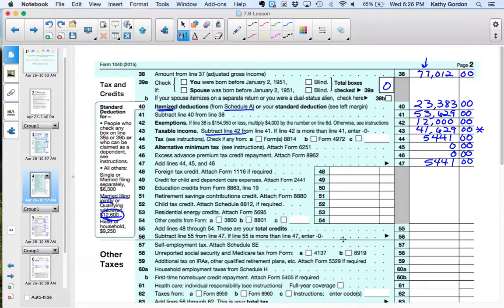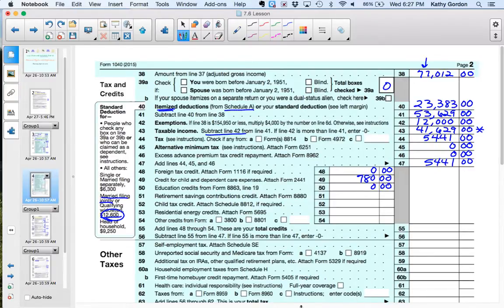Okay, finally we come over here to this set of boxes, 48 through 54. This gives us a chance to take a few more tax credits and reduce our tax even a bit more. So we do not have any foreign tax credit in this case with the O'Sullivans, but we do have information about child care expenses, and it says we're allowed to deduct $780 for that. We do not have any education credits.